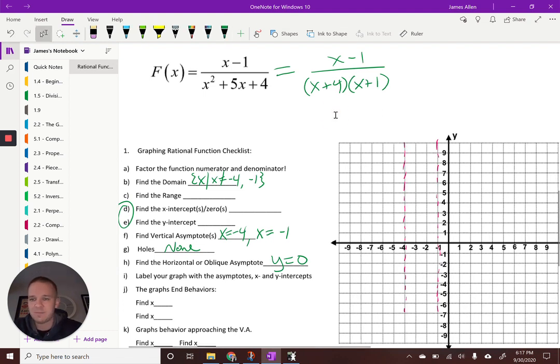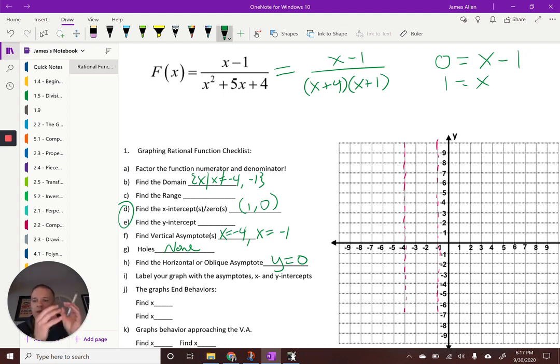We can't divide by 0. I only need to focus then on my numerator equaling 0. So I can take my numerator, I'll add 1, and I'll get 1 for x. So my x-intercept is 1, 0.